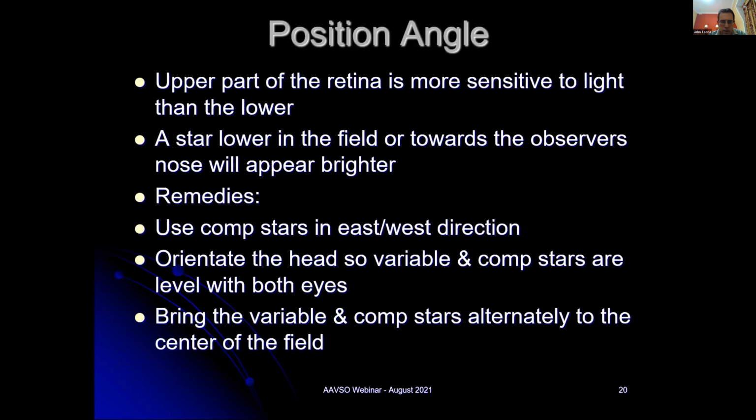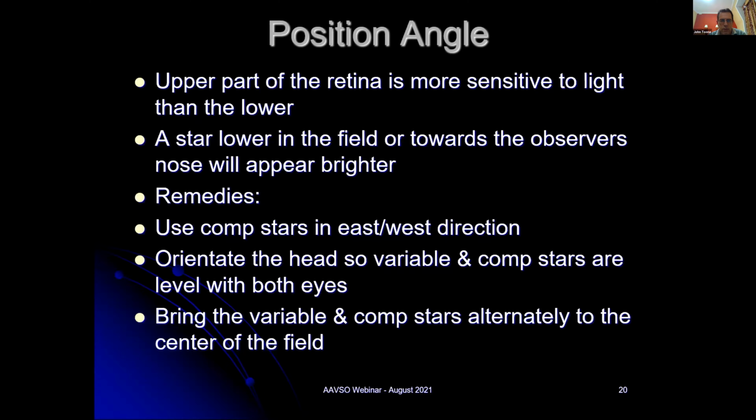So now, position angle is the next most important point for getting accurate visual photometry. The upper part of the eye is more sensitive to light than the lower part. That's because the upper part of the eye is looking downwards and the lower part is looking upwards.